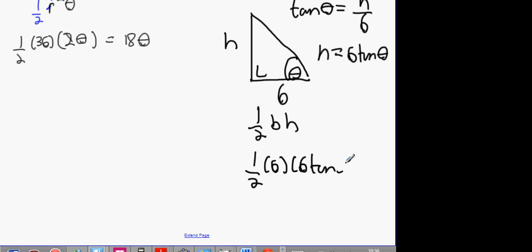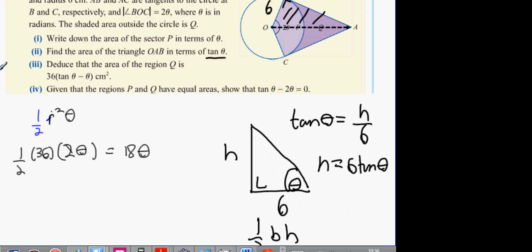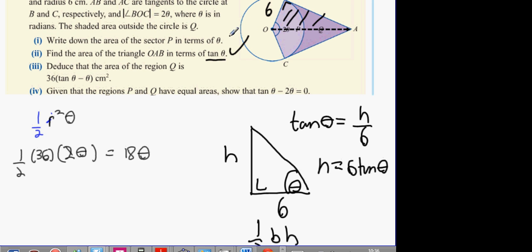Is that right? Now guys, now that that's done, 18 theta and 18 tan theta, we found the area of OAB. Deduce that the area of region Q on its own is 36 tan theta minus theta.